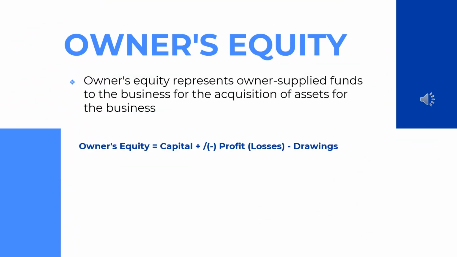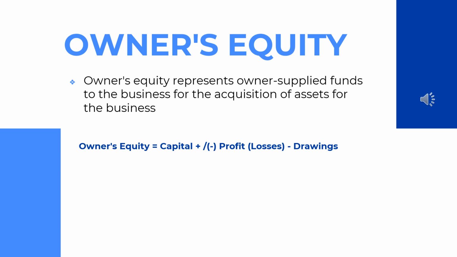The next is owner's equity. It represents the owner-supplied funds to the business for the acquisition of asset for the business. So the equation for owner's equity is owner's equity equals capital plus profit or minus losses and also minus drawing.